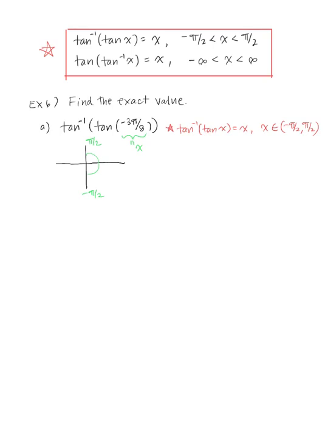Now let's just look at 3 pi over 8. That means you're going to divide from 0 to pi into 8 equal pieces, and you're going to take 3 of them.